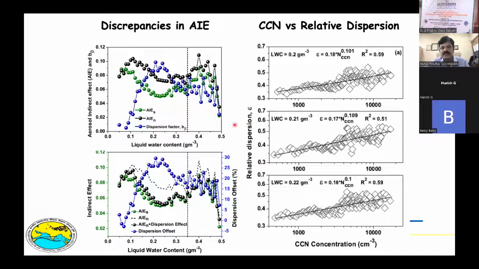If you can estimate that dispersion offset and correct it, then both the estimates are similar. So in models, if they are using the number concentration of clouds to estimate the indirect effect, then there could be a higher bias in the indirect effect estimate.